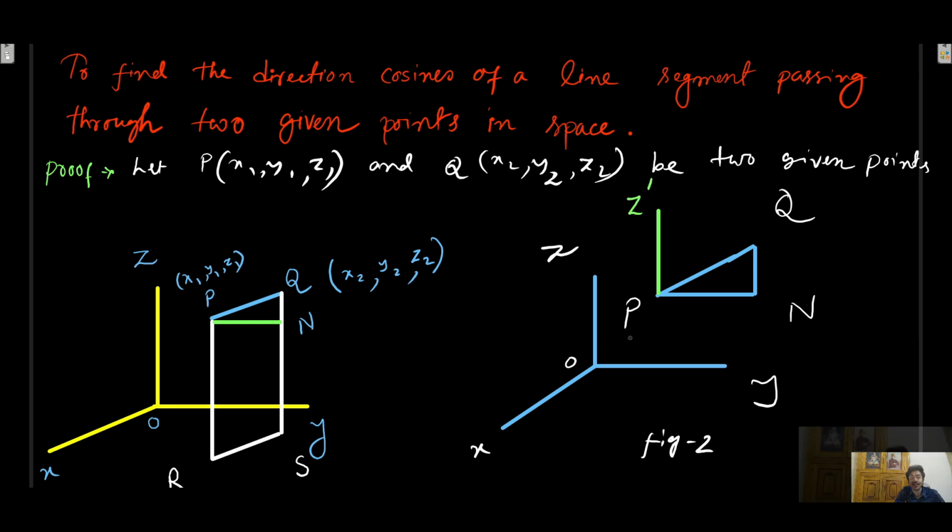So OZ and PZ dashed are parallel. Now the direction cosines of the line segment PQ vector are cos alpha, cos beta, cos gamma, that is what we have assumed. So gamma is the direction angle which the line segment PQ makes with the z axis. So as OZ and PZ dashed are parallel, this angle Z dashed PQ is nothing but gamma.